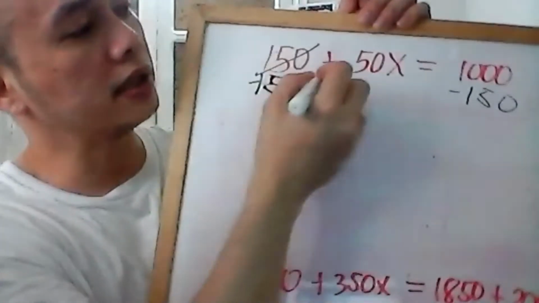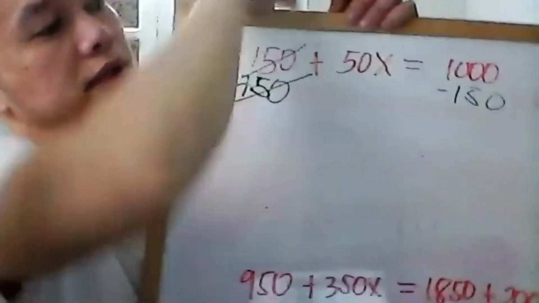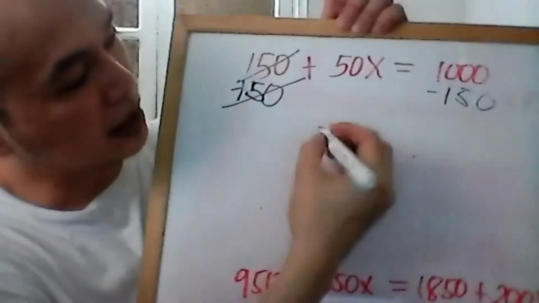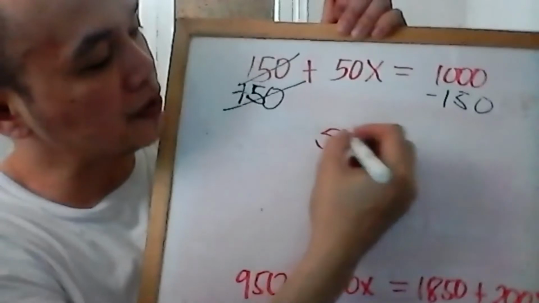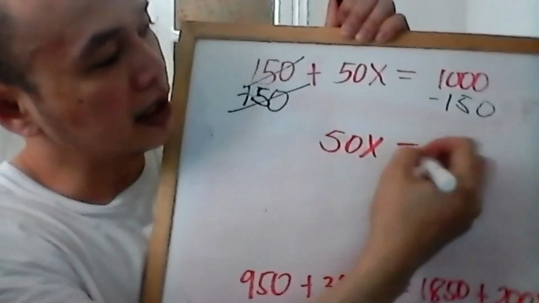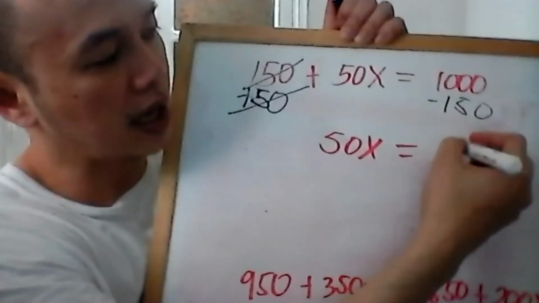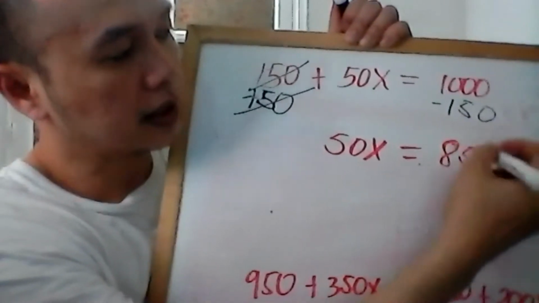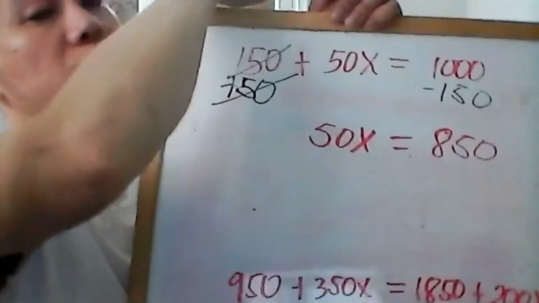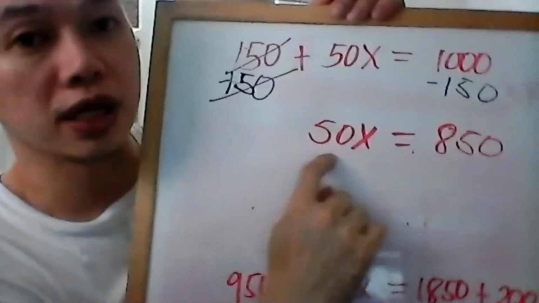So this is deleted, right? And then what is left on this side is 50x. And on the other side, 1000 minus 150, that is 850.